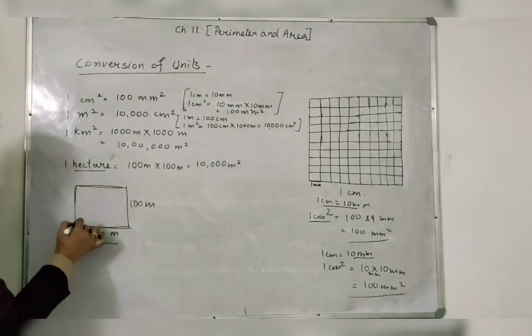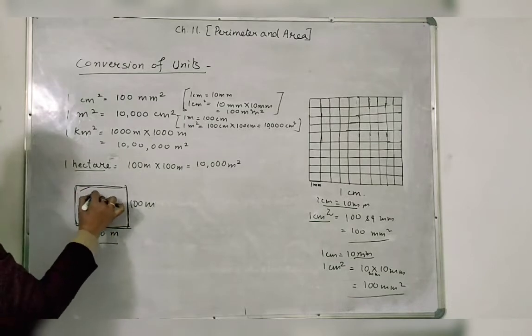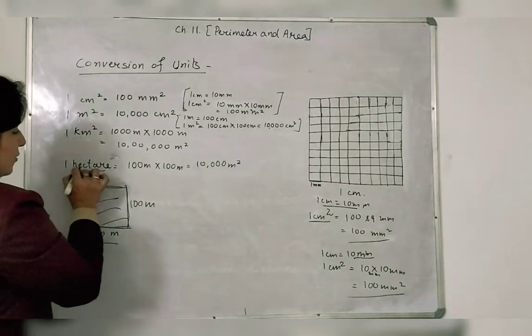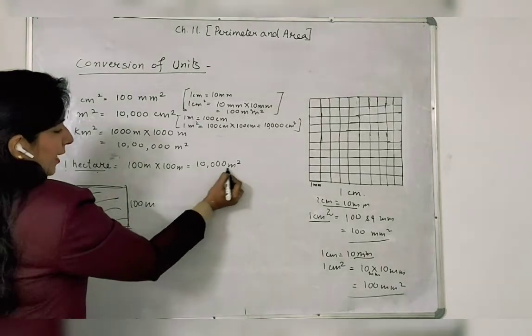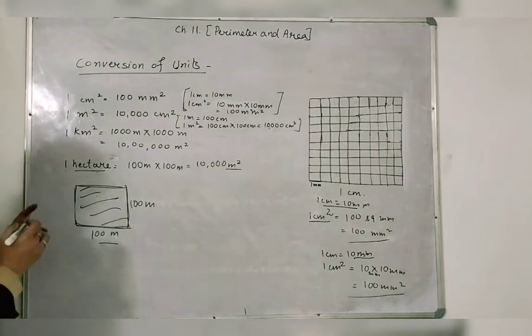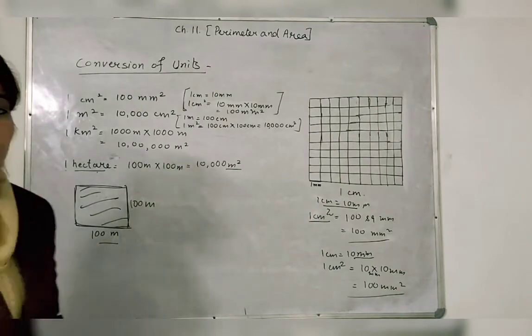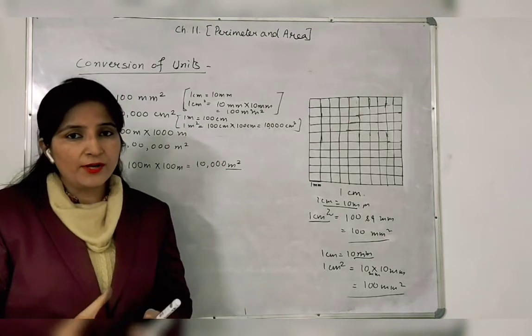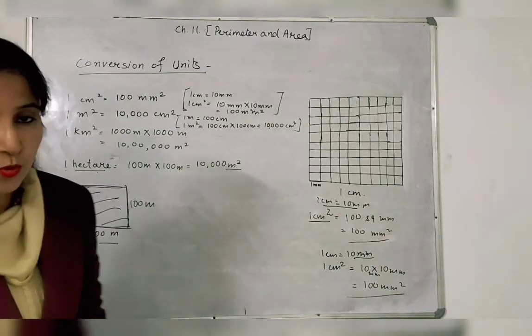This complete area of side 100 meter is known as a hectare. The name is given to that. So basically 1 hectare equals 10,000 meter square. Just remember, we are going to apply these things in solving our questions further.